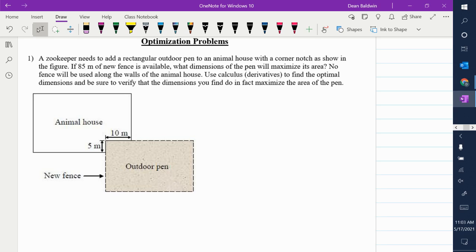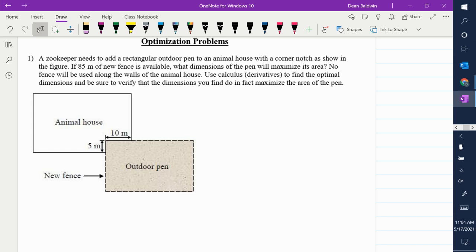A zookeeper wants to add a rectangular outdoor pen to an animal house with a corner notch as shown in the figure. 85 meters of fence is available. What dimensions of the pen will maximize the area? No fence will be used along the walls of the animal house.